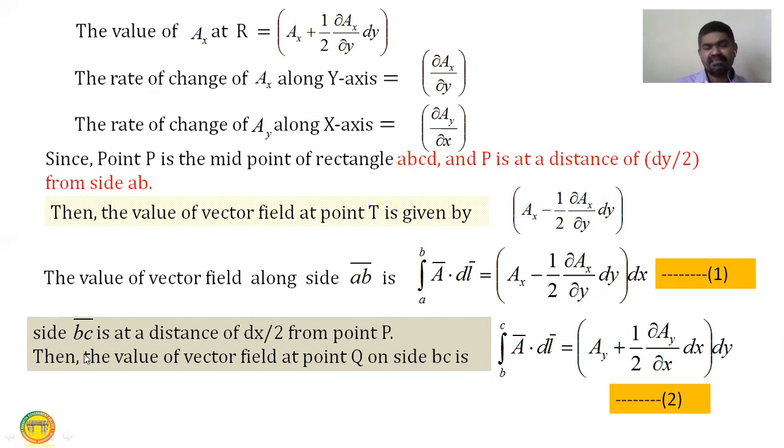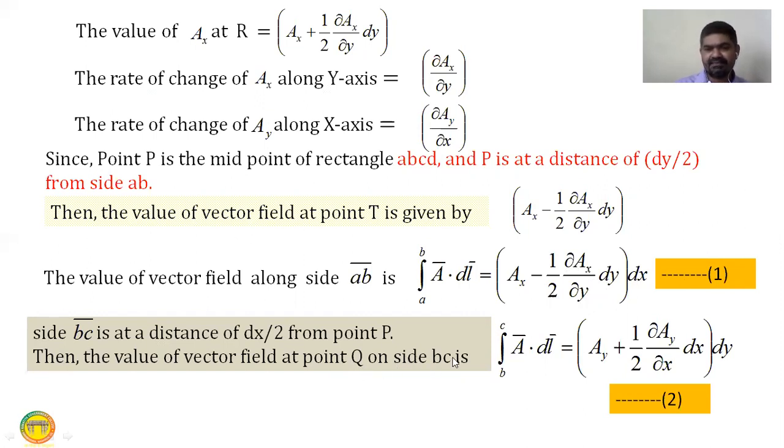So, in this way, we are going to write the vector field values on all the sides. Now, the value of a vector field at a point Q on side BC.